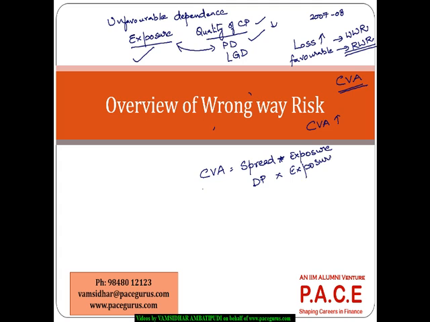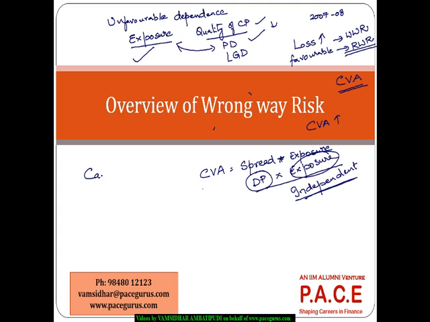Now, when we use this kind of formula, the major assumption was that these two are independent. Whereas when there is wrong way risk present, these two can't be multiplied like this, right? Only if we assume that these two are independent can we do a simple multiplication.